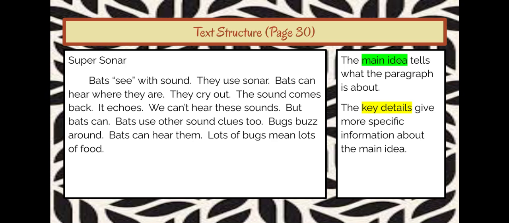You're going to highlight those key details in yellow. They use sonar, they hear where they are, and they use other sound clues too. Now we're going to find out what the rest of the paragraph that we're not highlighting is a little bit later.